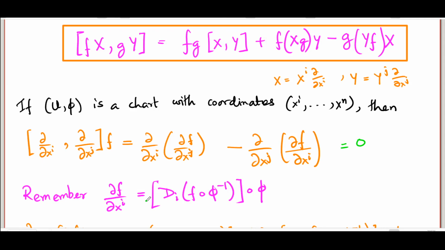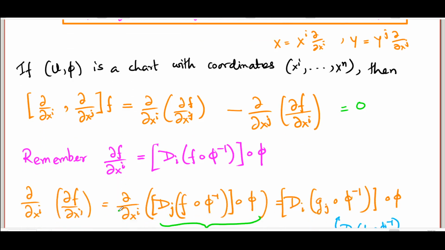So this is a real valued function of n real variables, and here you are taking the partial derivative in the standard real variable sense with respect to the ith one, and then you are composing it with phi. In other words, the pullback or the proxy function for del f del xi, composite phi inverse, is nothing but the ith partial derivative of the proxy function for f.